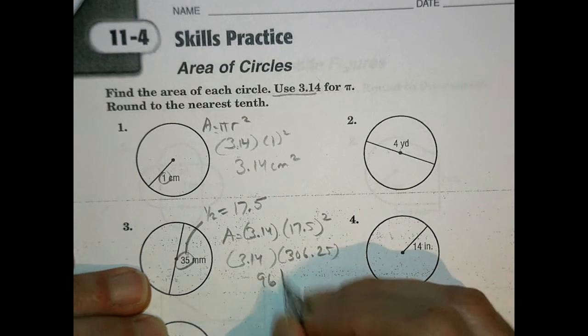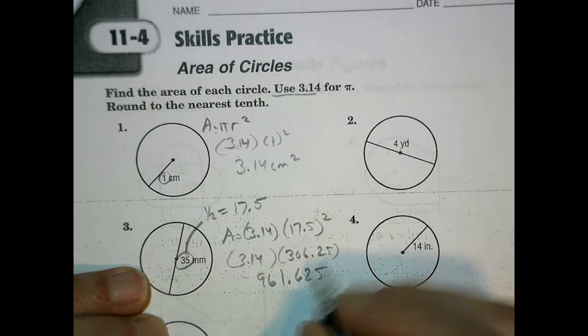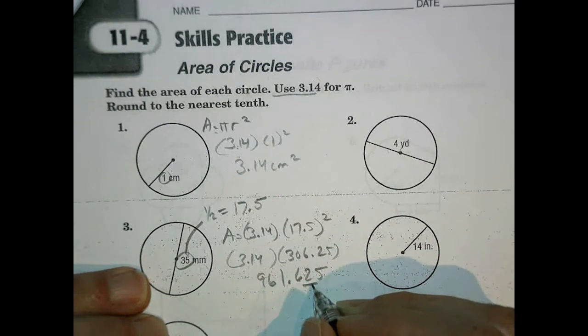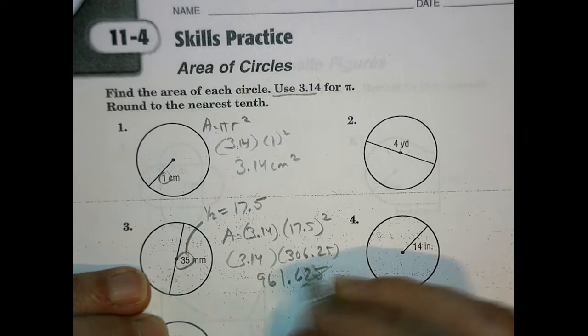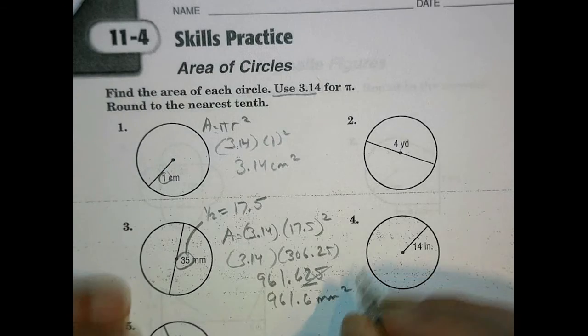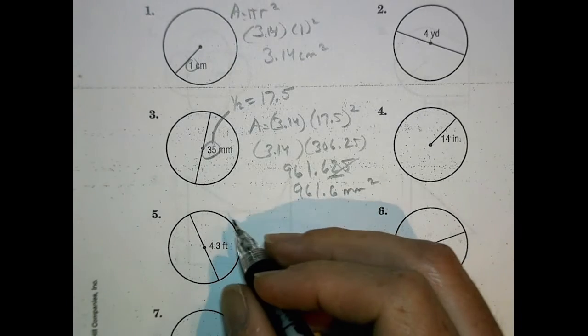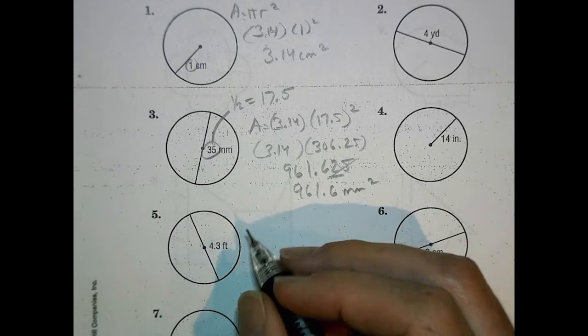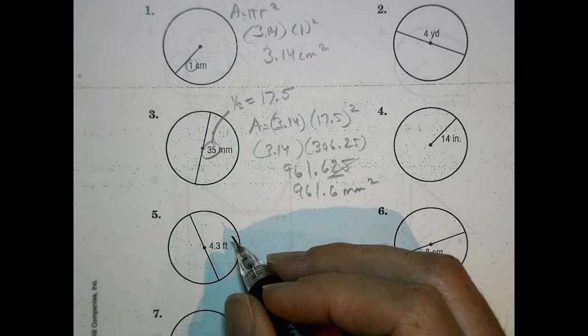And we get 961.625. You're going to round to the nearest tenth. That's less than 5, so we're going to chop it off. And we have 961.6 millimeters squared.